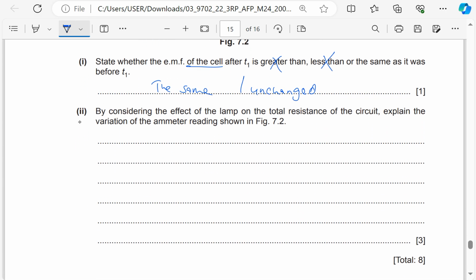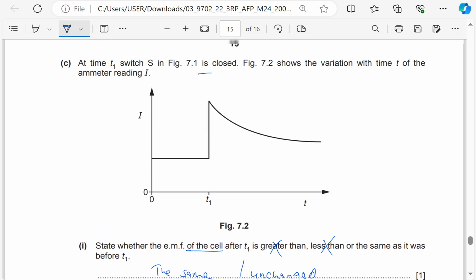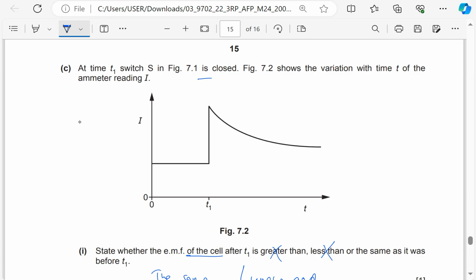By considering the effect of the lamp on the total resistance of the circuit, explain the variation of the ammeter reading shown in figure 7.2. So let's look at it first. The current is constant. That means the resistance is constant because V is equal to IR. Then the current increases, which means resistance decreases because they're inversely proportional.